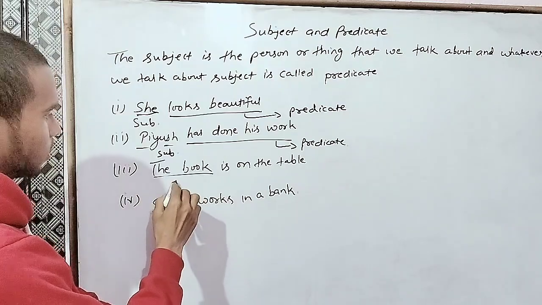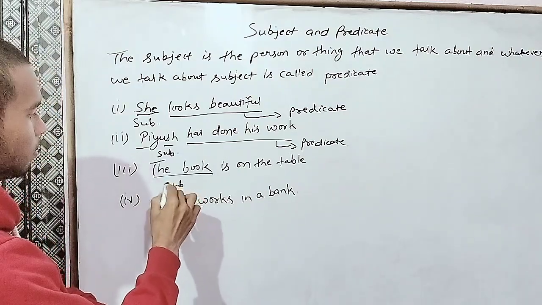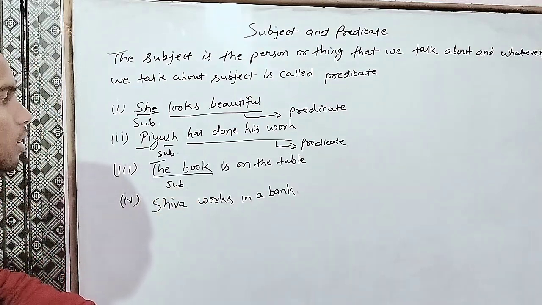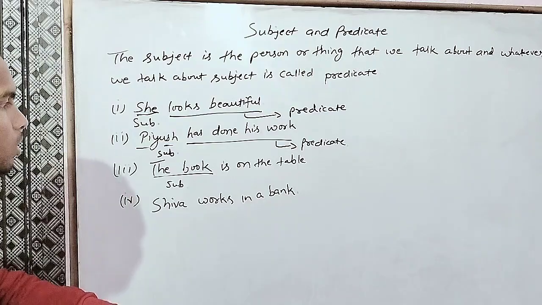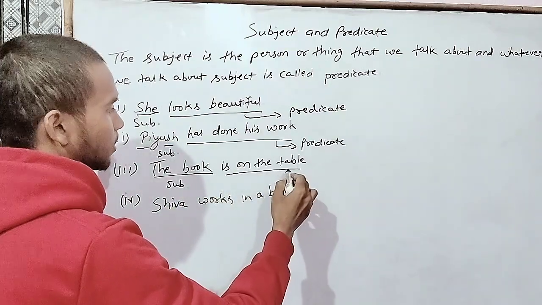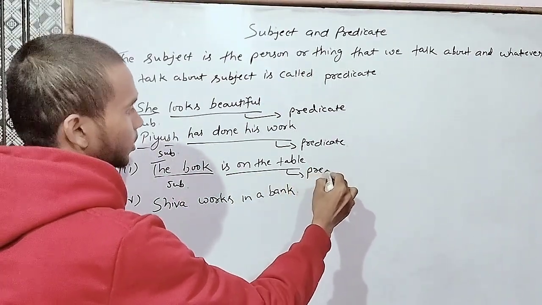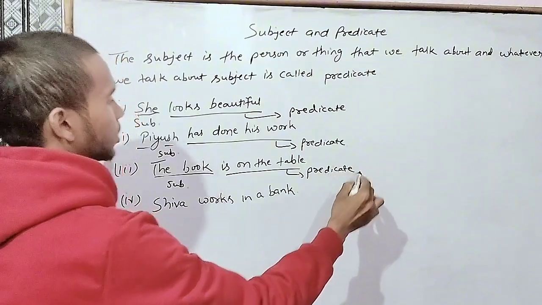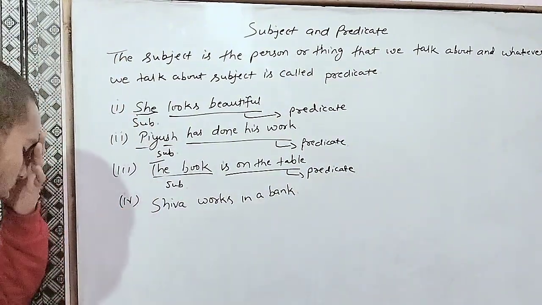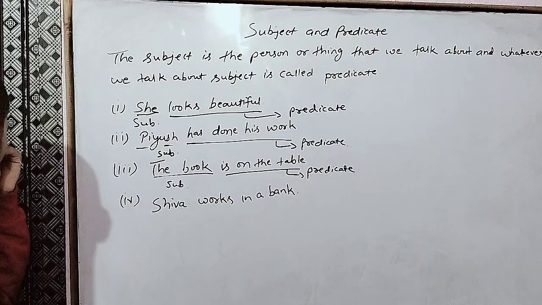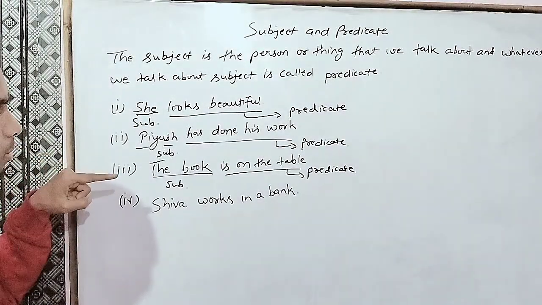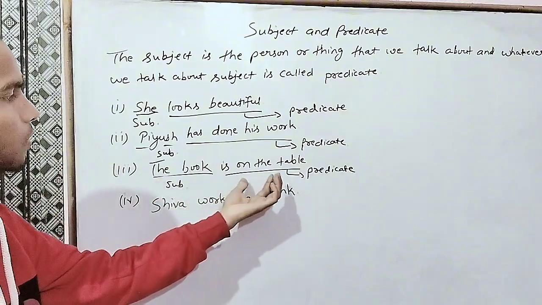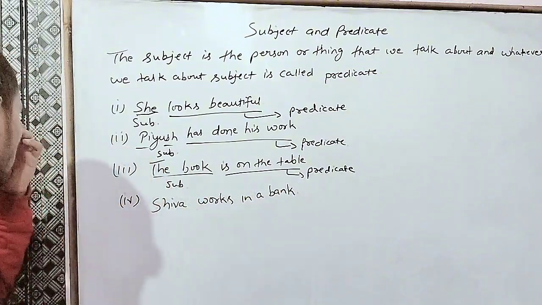The book is the subject, a non-living thing. A subject can be living things or non-living things, and except this we have predicate. So we are talking about a subject, and the subject is the book.